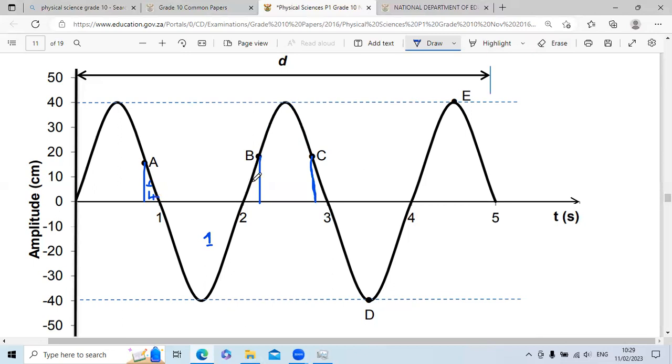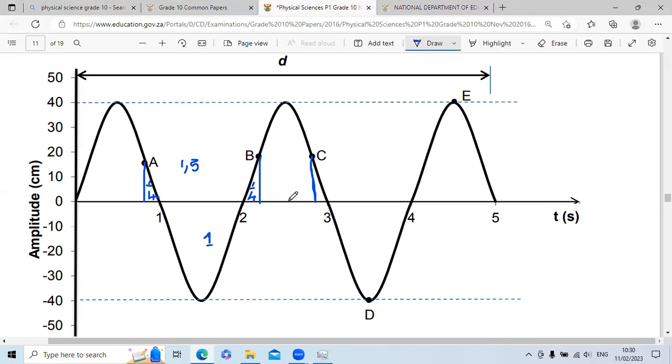And this is also going to be a quarter. So this is a quarter added to a quarter. Sorry, this is one full pulse. So this is going to be a quarter of a pulse and a quarter of a pulse. And at the end of the day, you're going to have 1.5 pulses, and the wave is formed by 2 pulses. So that means A and B don't form a full wave.